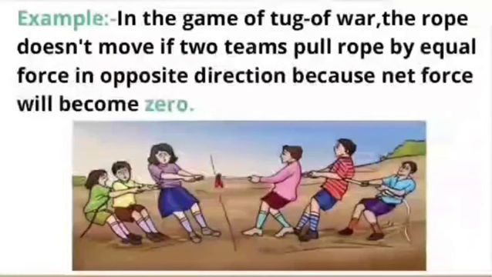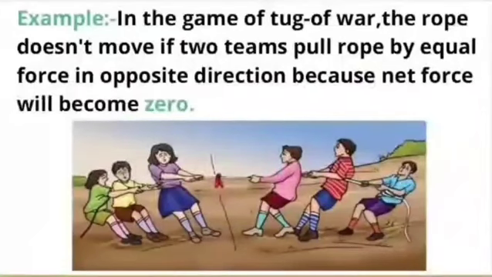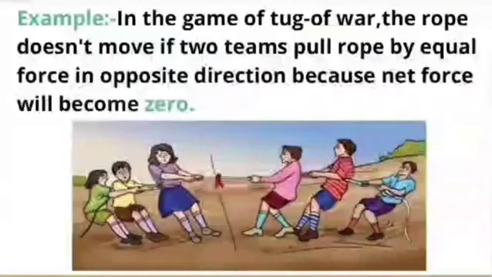For example, in the game of tug of war, the rope does not move if two teams pull the rope with equal force but in opposite directions, because the net force, the resultant force, will become 0.